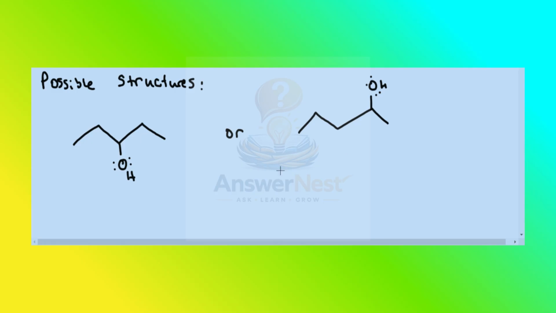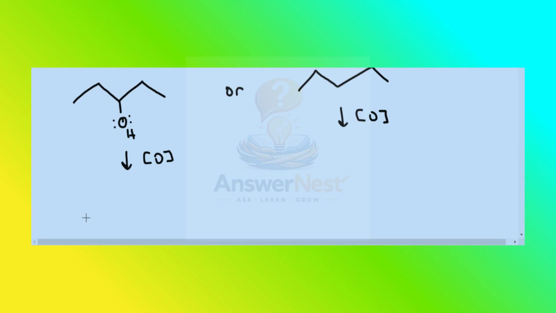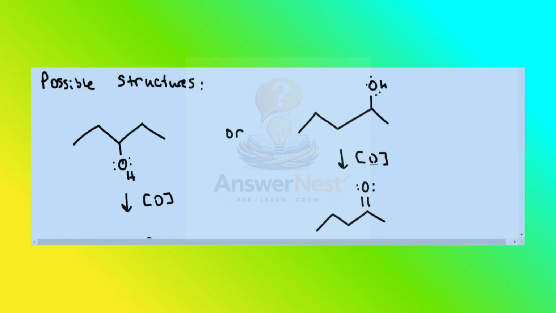So when we oxidize both of these, we find that our structure for our first one is going to look like this, with our ketone carbonyl group here in the middle, or we can find that our ketone can also look like this with our carbonyl group on the second carbon right here. So those are our possible structures for this reaction.